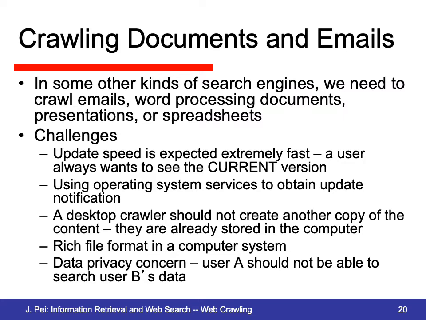Then we need to have different software to interpret and understand those formats. And last but not least, the data privacy concerns. Some users may want to protect their documents, and the protection should also cover search. That means a user should not be able to search another user's data.